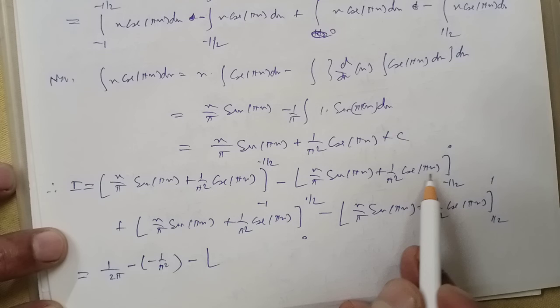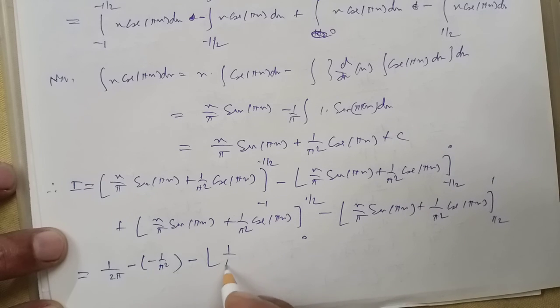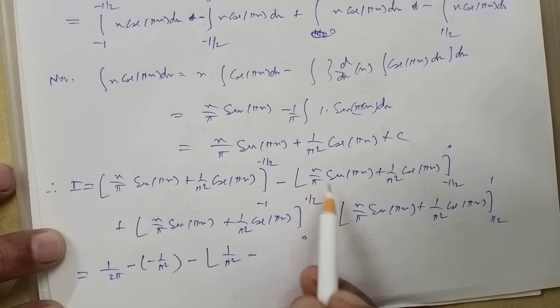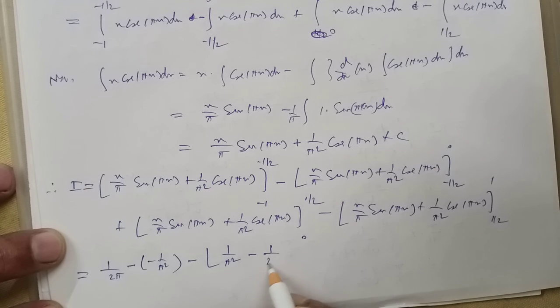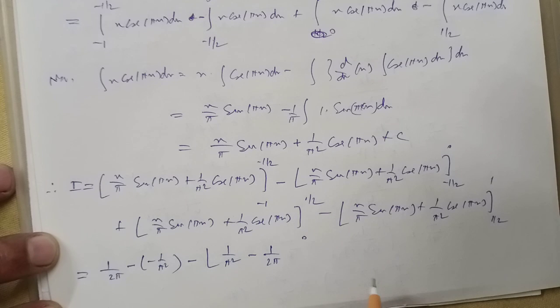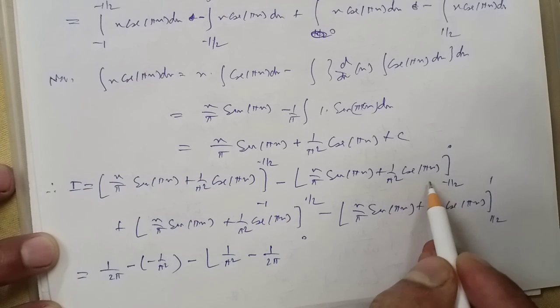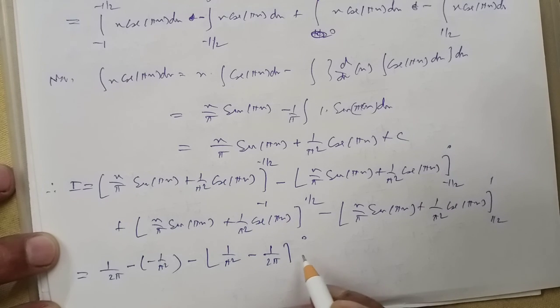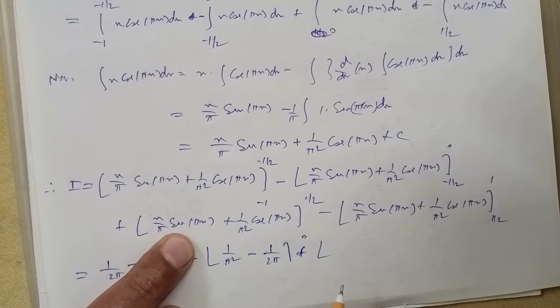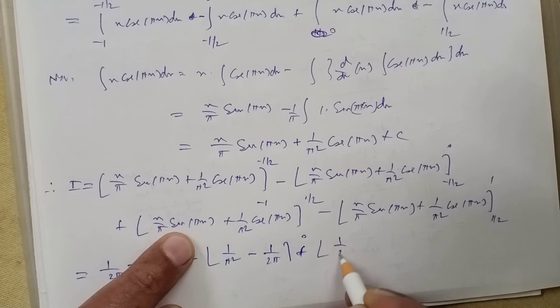This is 0, this is 1, so 1 by pi square. Then minus, put -half here. Sine of minus pi by 2 is -1, so minus 1 by 2 pi minus 1 plus 1 by 2 pi. Okay, this is 0.